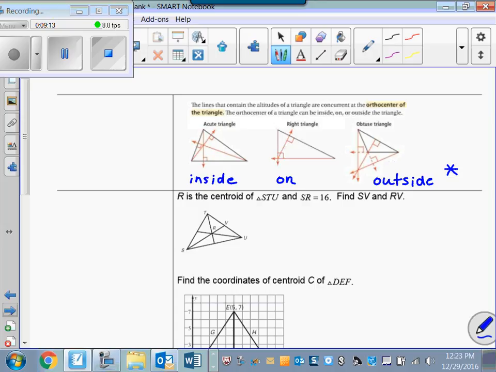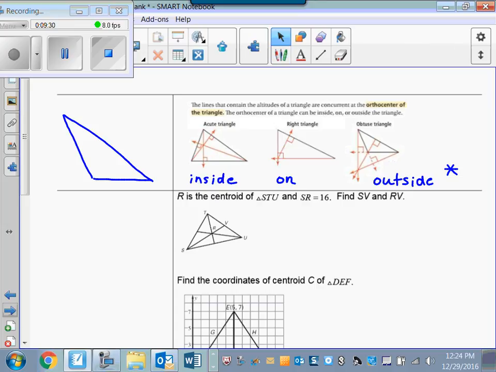And this is one that's, I would say, more difficult. I don't have an example, but let me just come aside and show you here. If I have an obtuse triangle, pay close attention to this. If I want to find the altitude from this vertex to the opposite side, no problem.